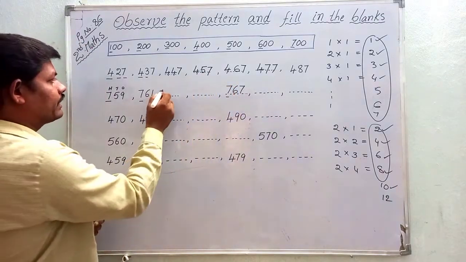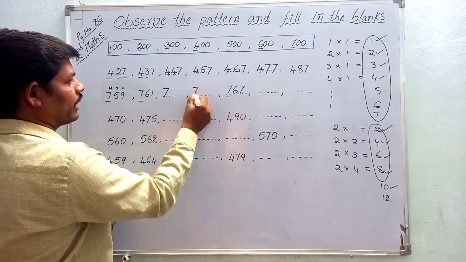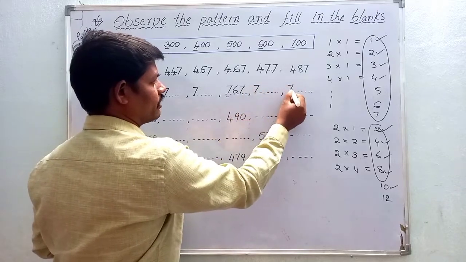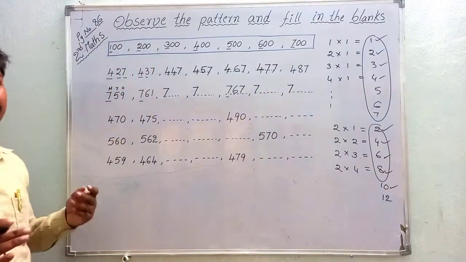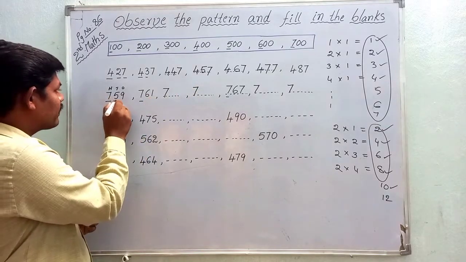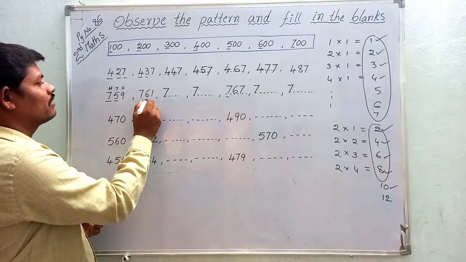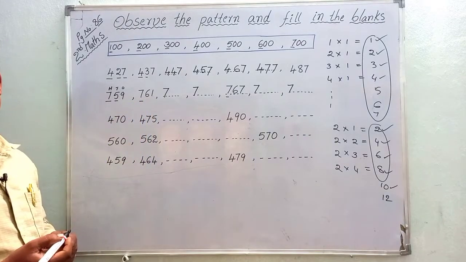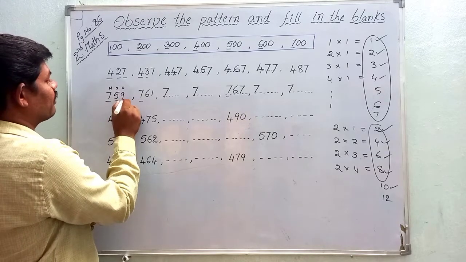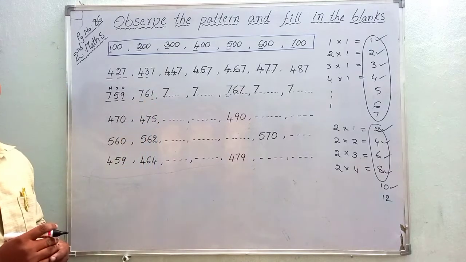So you can write first all the hundreds place digits in those blanks. Next observe tens place, here 5 is there, here 6. Then ones place, if you observe, 9 and 1.